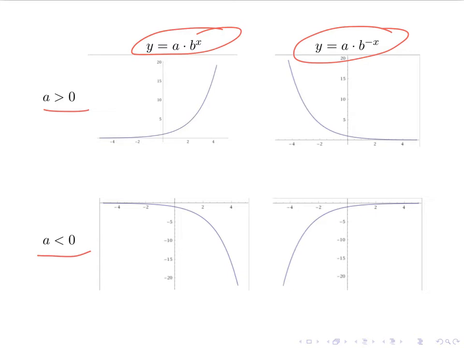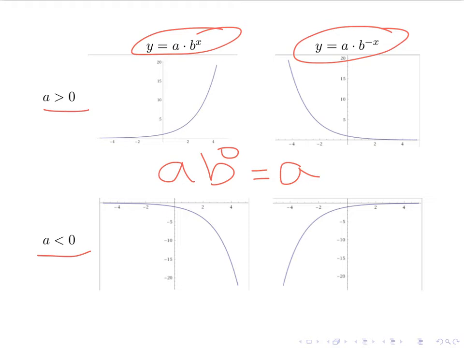There are things that these graphs have in common. There are things that they have different. So let's look first at what they have in common. What they have in common is that if x is 0, then I have a times b to the 0. B to the 0 is 1, so I get a.